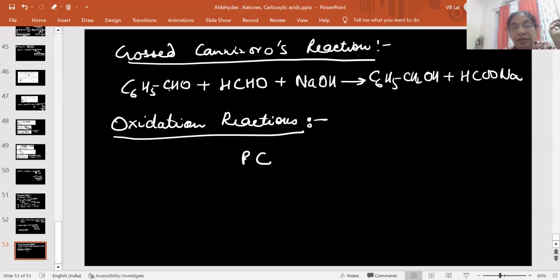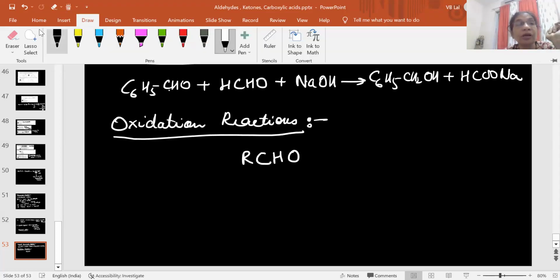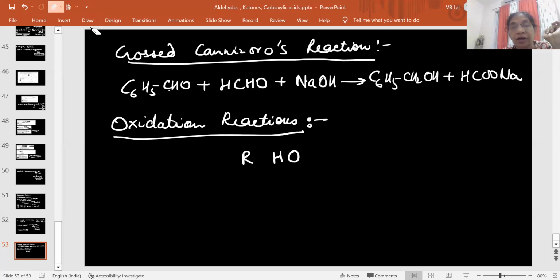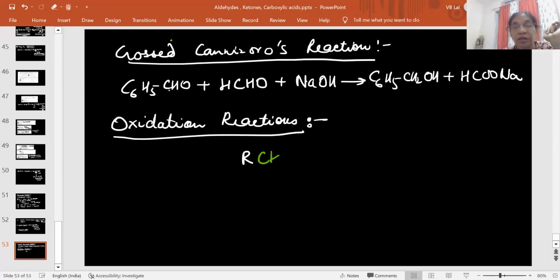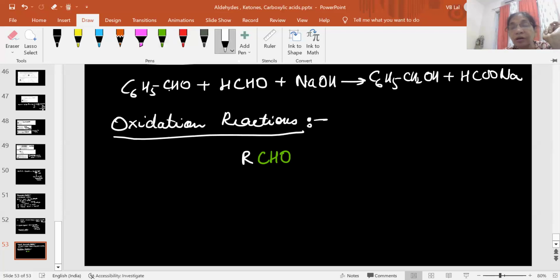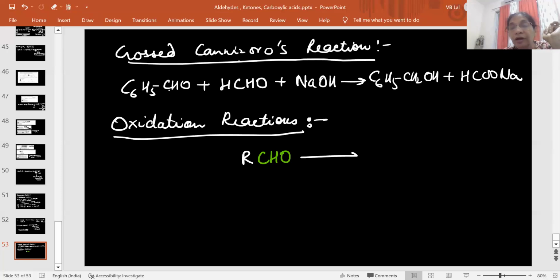Where is your aldehyde? RCHO is my aldehyde, right? So what is my functional group? Let me rub it out and write it with a color. R is there, and then this is CHO, RCHO. Now if I do oxidation of this, if I go to the right, I'm doing oxidation.